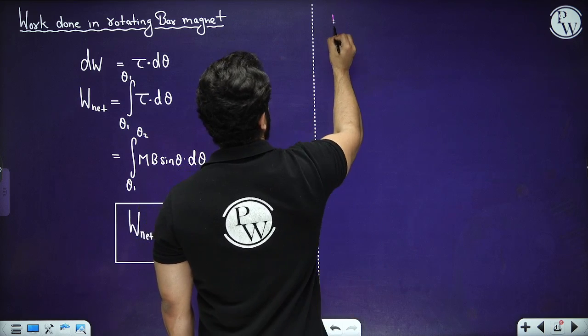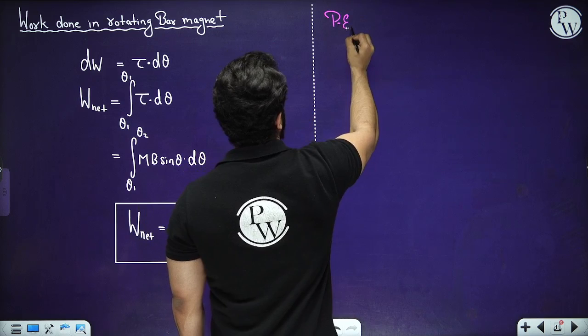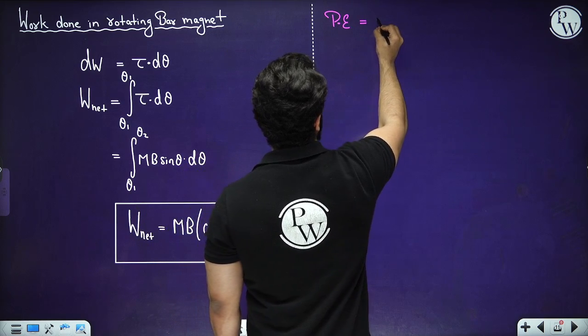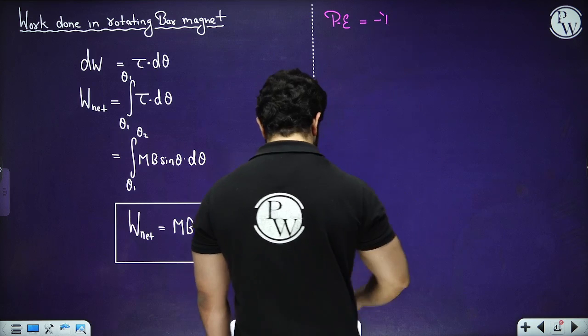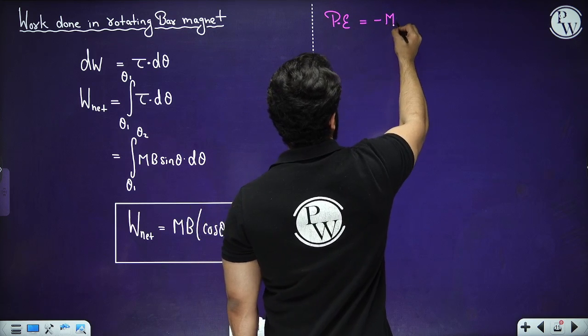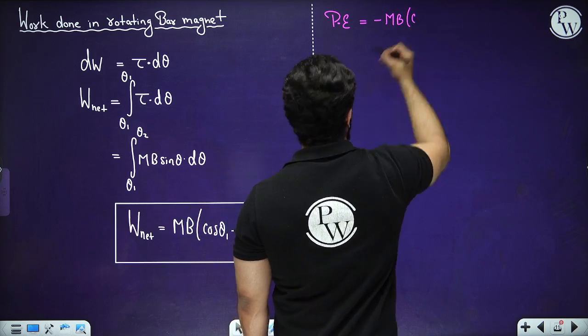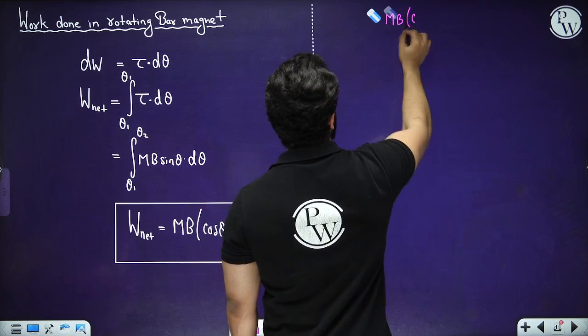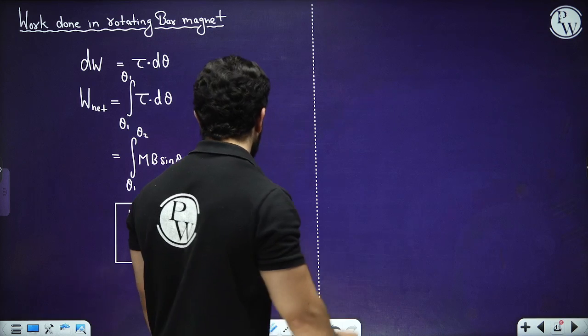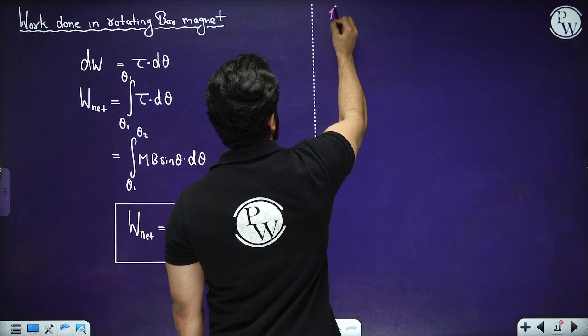So potential energy can be written as minus mB, or not yet. Let's suppose we are talking about different angles.